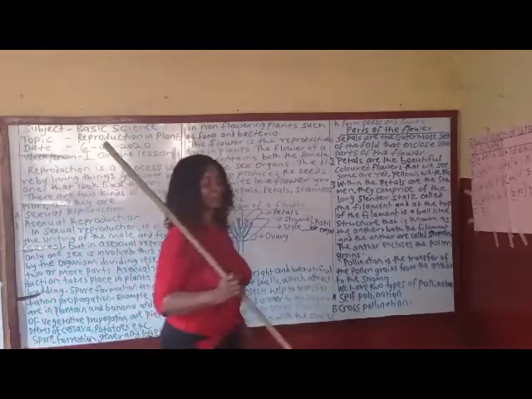Asexual reproduction takes place in plants, and some of the examples are budding, spore formation, and vegetative propagation. I will try to briefly explain these things. Budding, you can find them in plantain and banana.